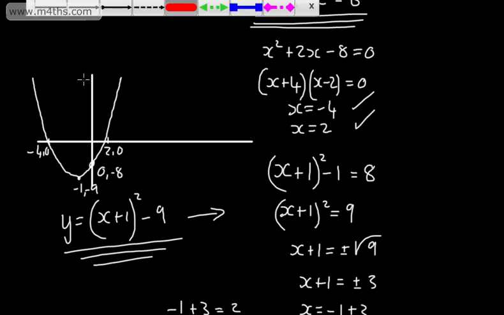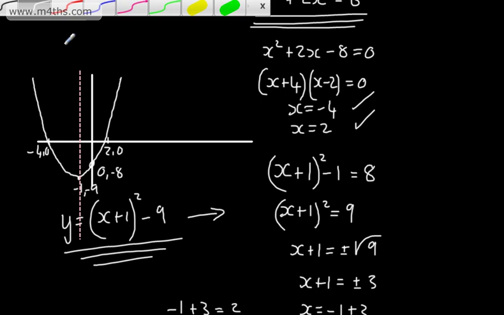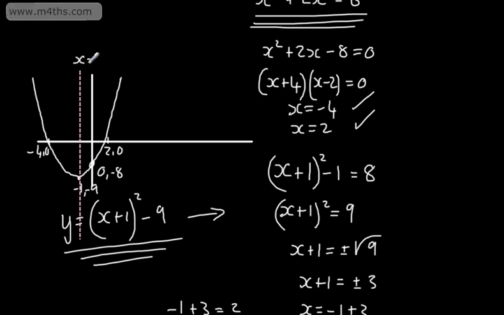If I wanted, I could put on my axis of symmetry. Remember, the axis of symmetry for the standard parabola, y is equal to x squared, is the y-axis. But of course, we've moved this now 1 to the left. In general, and I'll just write this on, this is going to be x, so x is going to be equal now to negative 1. That's the axis of symmetry.